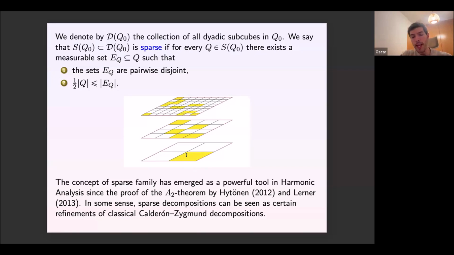On the other hand, I claim that this family of yellow cubes is sparse. Indeed, for every element in the family, there exists a big portion of it, for instance, in this cube, the upper part, such that this part does not intersect the rest of the measurable sets in the family.